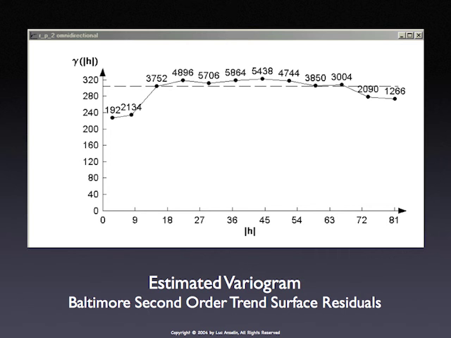If you run a variogram and you see an increasing slope with distance, that's often a marker for the presence of non-stationarity in the form of a trend in the data, trend being non-constant mean.